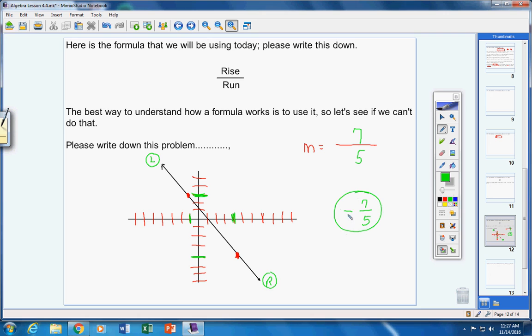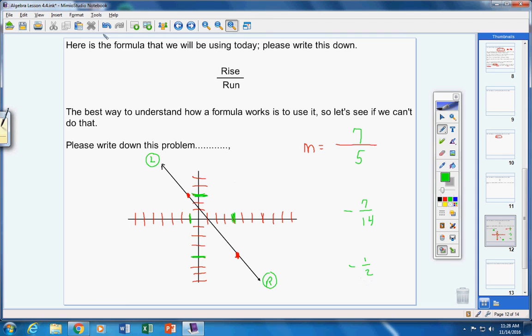By the way, 2 quick comments. Never write your slope as a mixed number. Okay? Never write it like this. Leave it improper. And number 2, pretend for a second that this bottom number was a 14 right here. Always reduce your slope. So your answer would be negative 1/2. Okay?